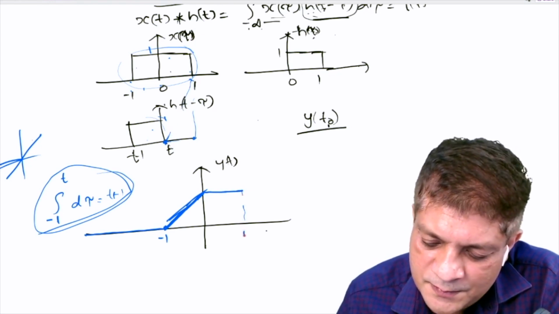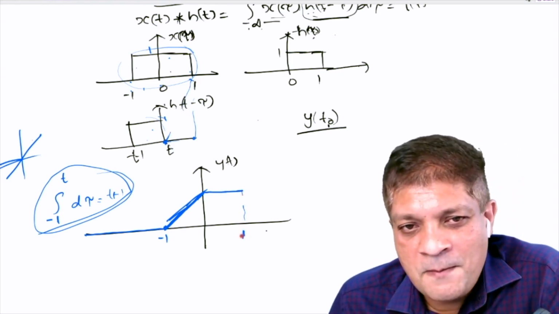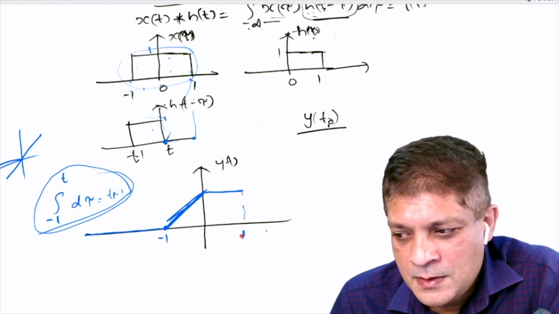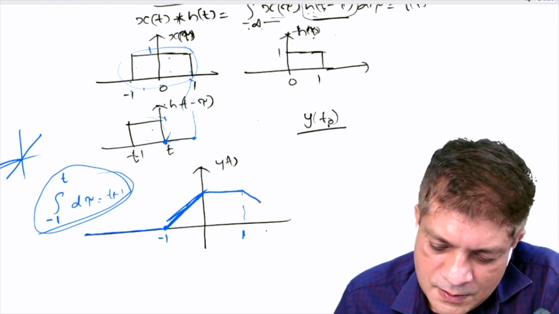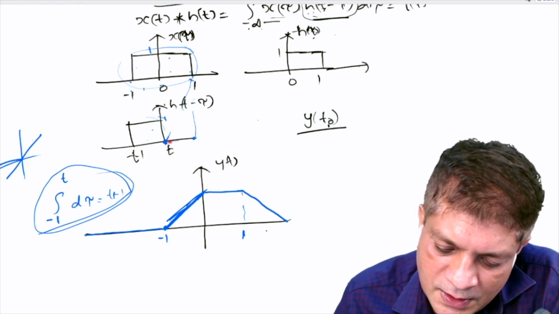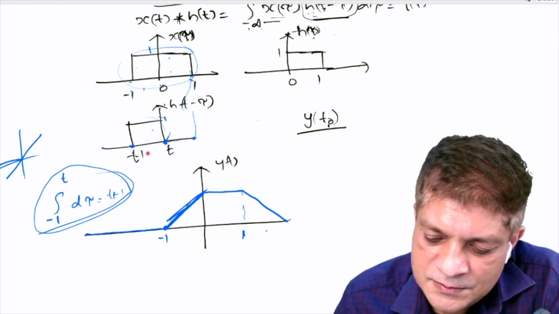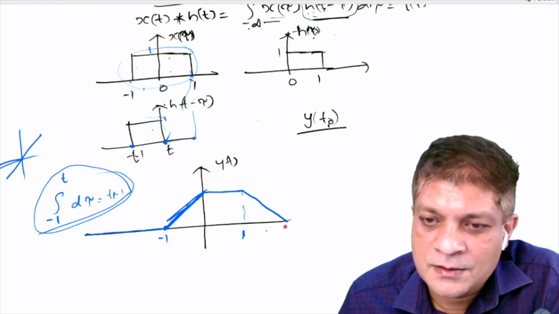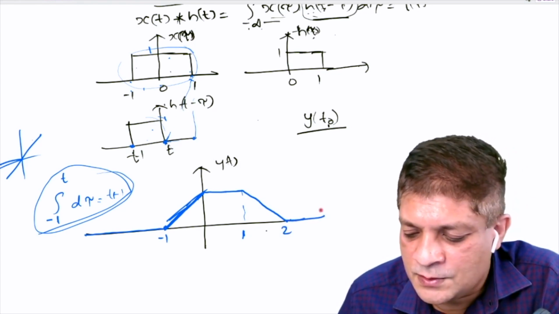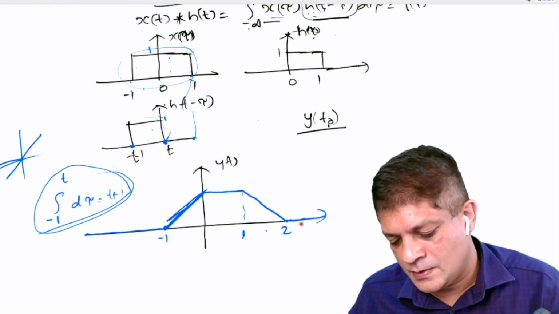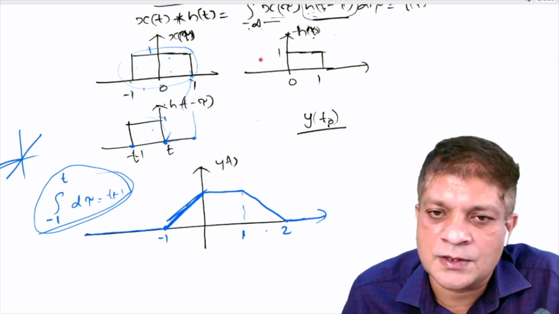After that, what will happen? It decreases linearly until t minus 1 reaches 1. That means when t is 2, then it will be 0. Okay. So this is the convolution of these two signals.